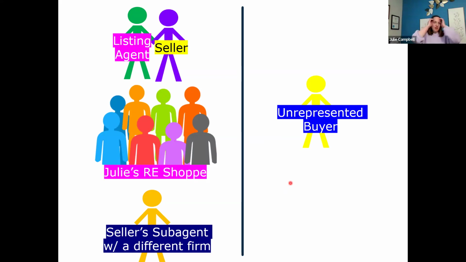And if that seller sub-agent messes up, vicarious liability says the firm and the seller could be held liable. The buyer is the customer. The buyer is unrepresented, and whether or not you're allowed to bring them is up to the listing firm and the seller. It's covered in our listing agreement that we'll see in Unit 8.